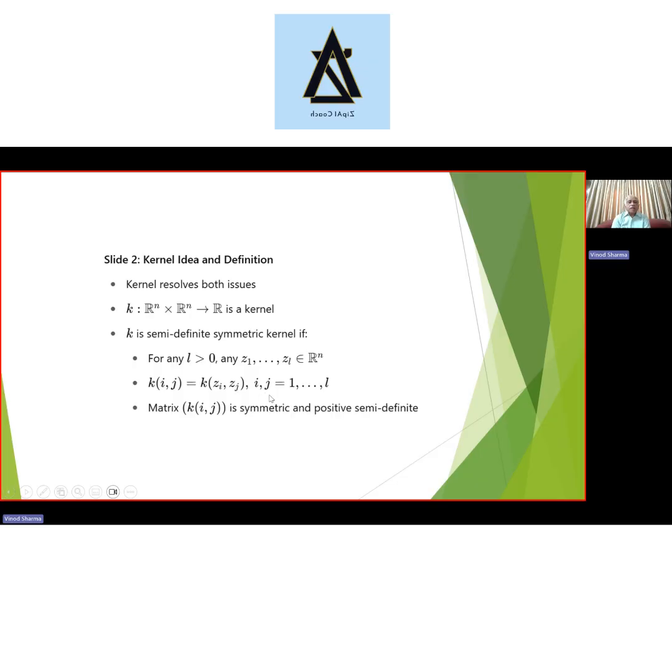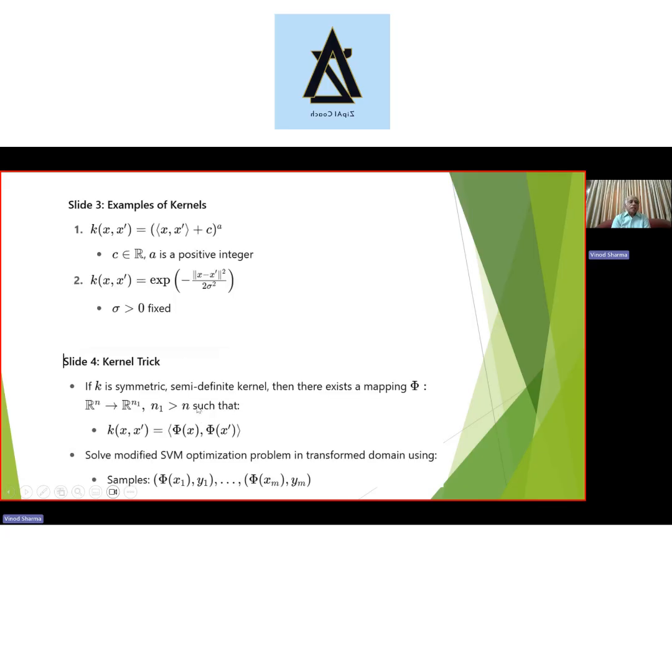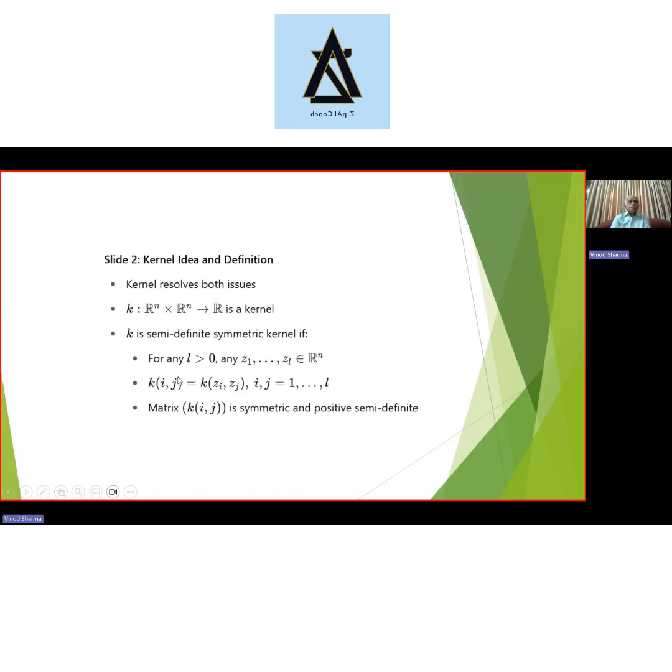If this L by L matrix is positive semi-definite and symmetric for all such L and all such z1 to zL, then K is called a positive semi-definite symmetric kernel.